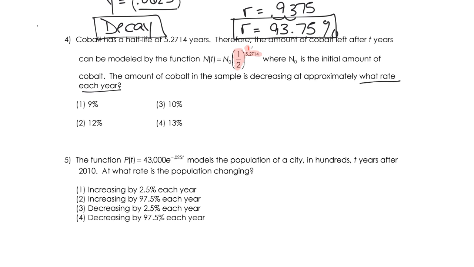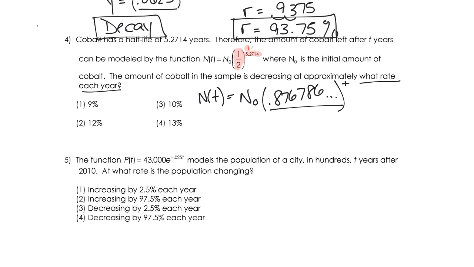Again, we're basically just rewriting our equation so that the exponent is just the t. And when we type in 1/2 raised to the 1 divided by 5.2714, we end up with 0.876786... raised to the t.